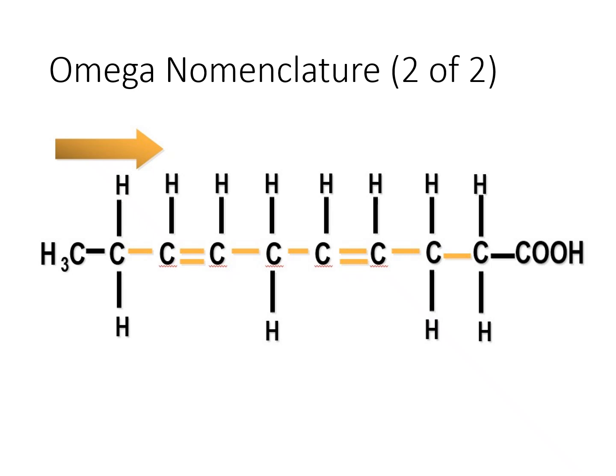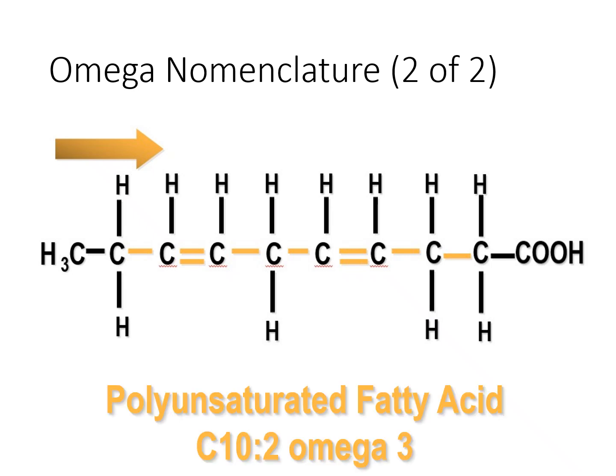So we know that it is not monounsaturated, not saturated, but polyunsaturated because there's more than one. So polyunsaturated fatty acid, C10 because there were 10 carbons, colon 2 because there are 2 double bonds, and it's an omega-3 fatty acid because of the fact that that's the first double bond that you see. So even though there's an additional double bond later, this is the first one in the chain.